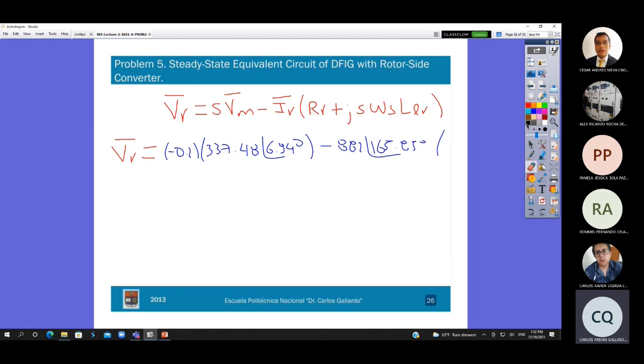This rotor resistance is equal to 0.003569 plus j, with the slip negative 0.2, the stator speed 120 pi, times the rotor leakage inductance.